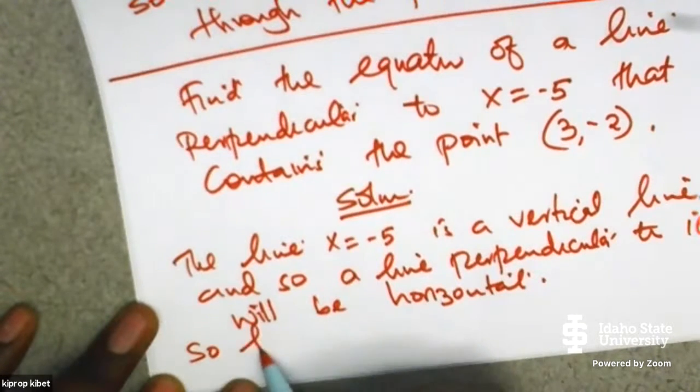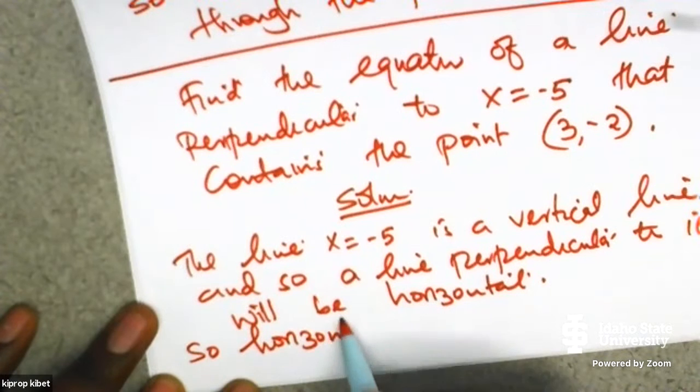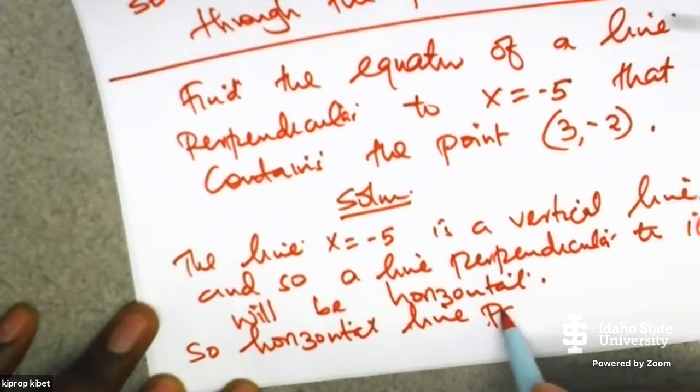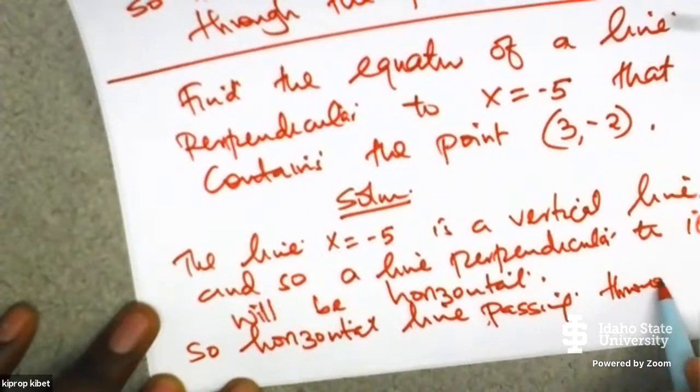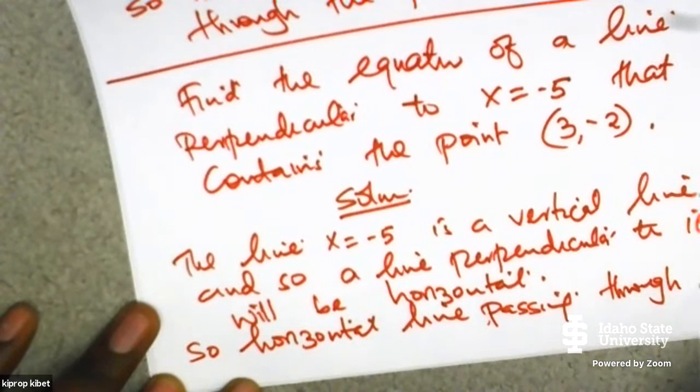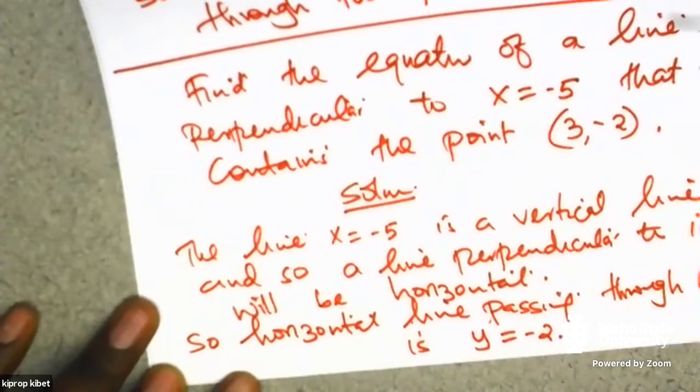So a horizontal line passing through (3, minus 2) is y equals minus 2. Any question?